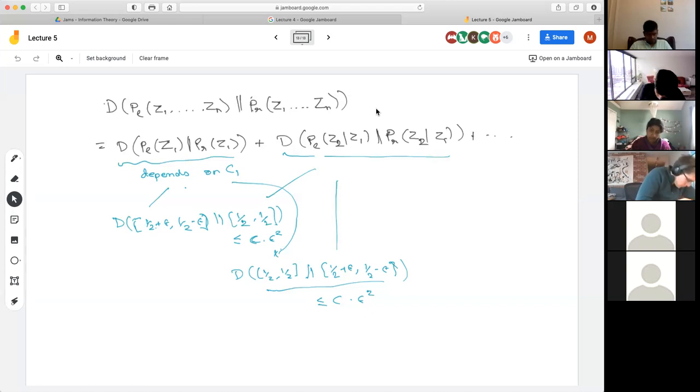Both of them are less than or equal to some constant times epsilon square. So you will get a bound where the whole thing is less than or equal to n times some constant times epsilon square. Even though the distribution is very complicated, each term is one of these two things, and we have a bound on both of them. And that's about it.